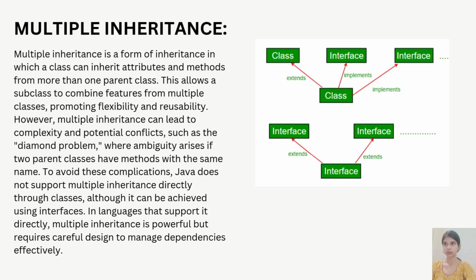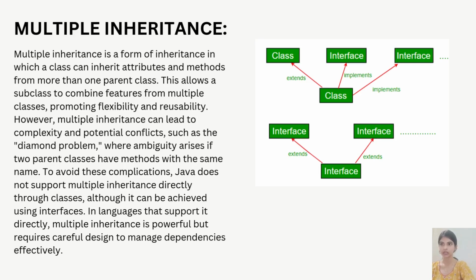Multiple inheritance. Multiple inheritance is a form of inheritance in which a class can inherit attributes and methods from more than one parent class. It also allows subclasses to combine features from multiple classes, promoting flexibility and reusability. However, multiple inheritance can lead to complexity and potential conflicts, such as the diamond problem, which raises an issue when two parent classes have methods of the same name.